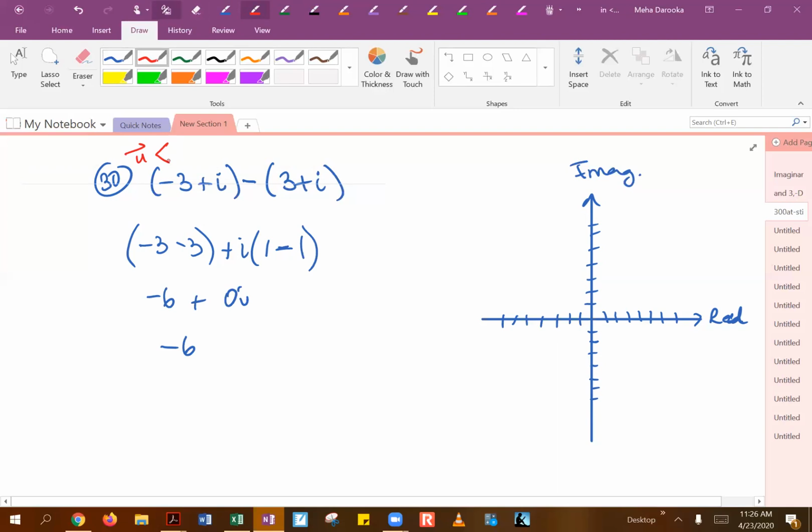To the left of 3 plus 1. Yeah, go left 3, up 1. So this will be our vector u. And then what's the value for vector v? It would be to the left 3 and up 1 again. Or down 1, sorry. Hold on a second, let's see.